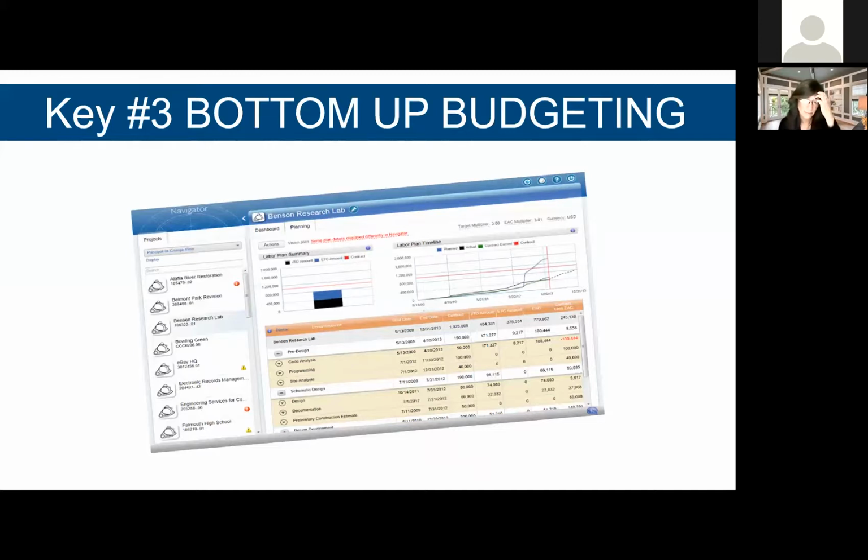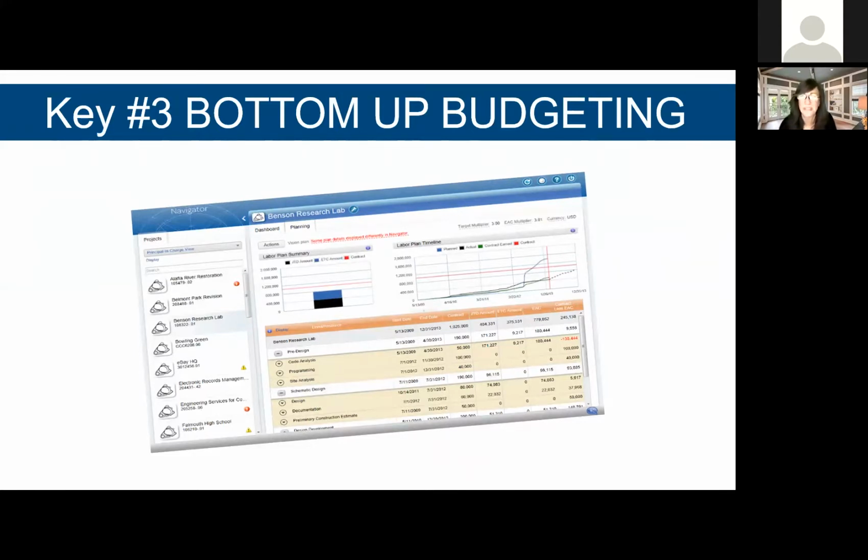And one of the things I teach in our Find the Lost Dollars program is that you have to plan your projects out in detail and manage them and monitor them. Many firms do what's called top-down budgeting, meaning they say, okay, this project is $50,000. We think it's this many hours. We're just going to divide that and break that up somehow.